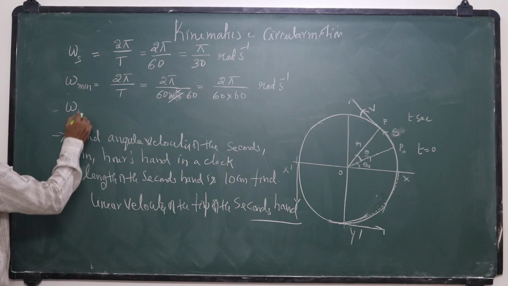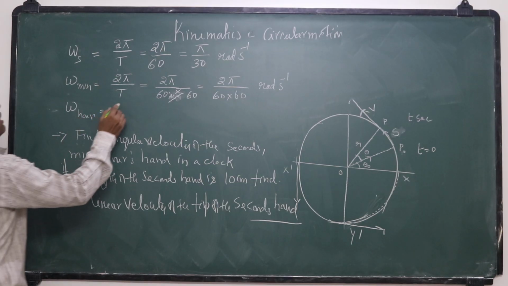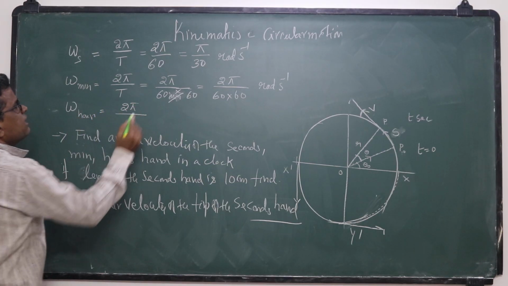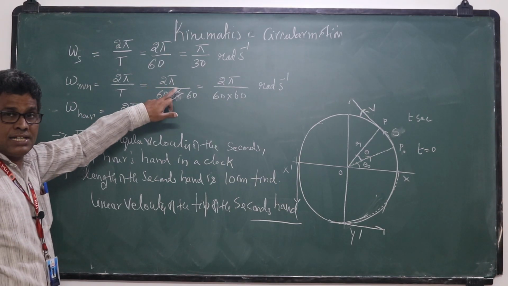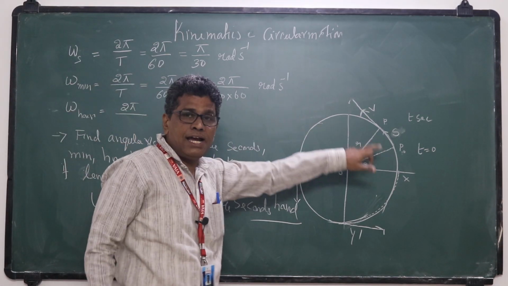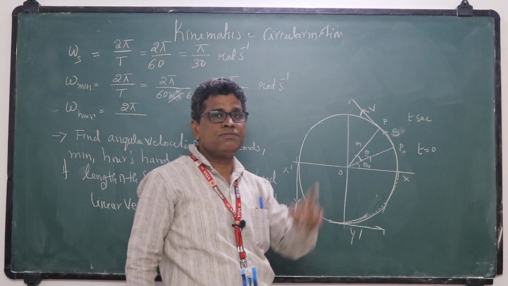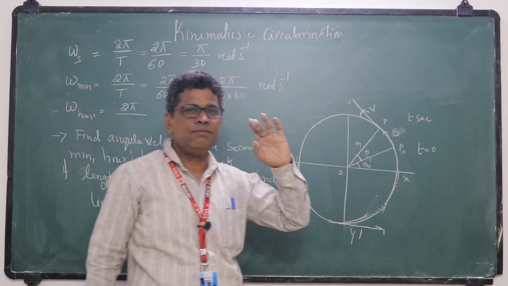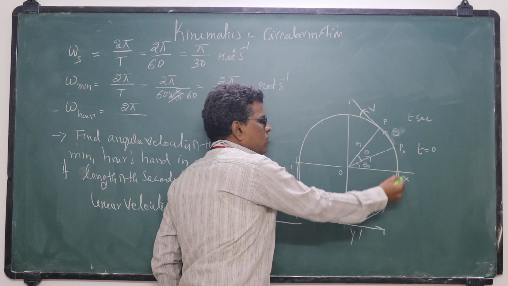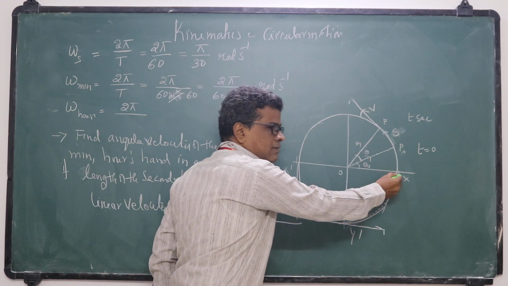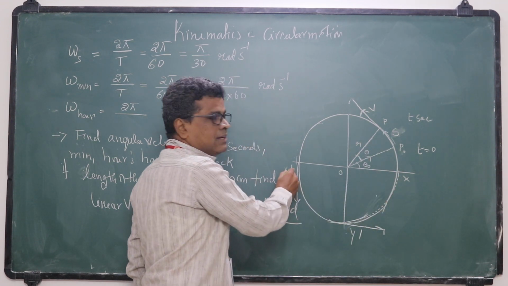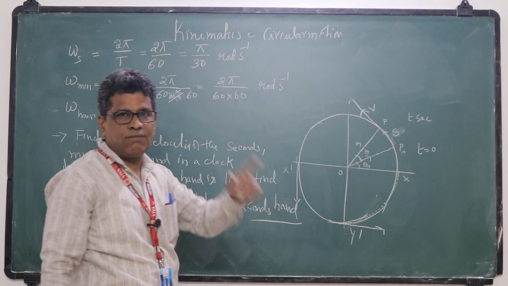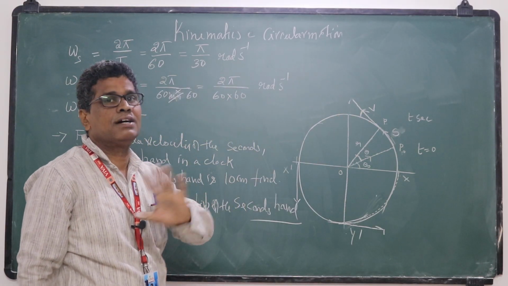Similarly, I want the angular speed of the hours hand. So 2 pi by T. How much time does the hours hand take for one rotation? 12 hours. 3, 6, 9, 12. So for one rotation it will take 12 hours.